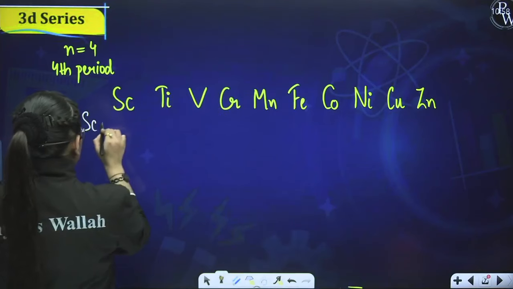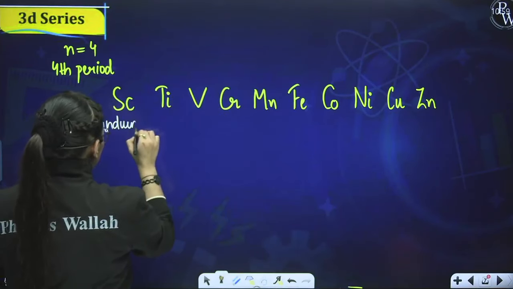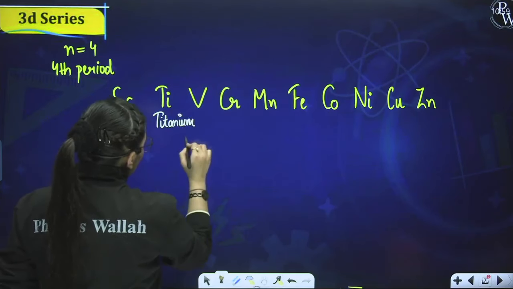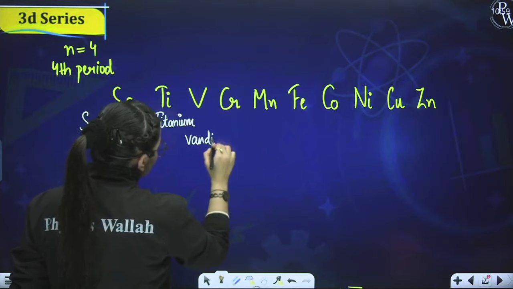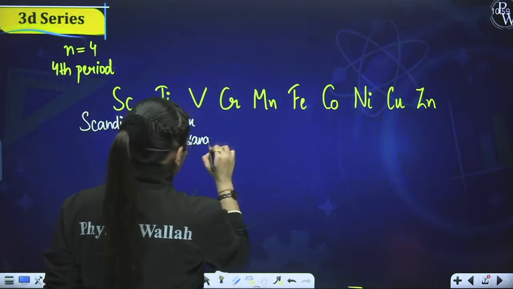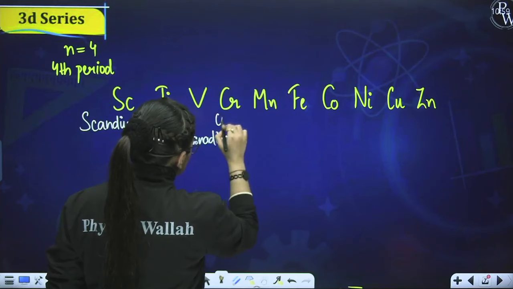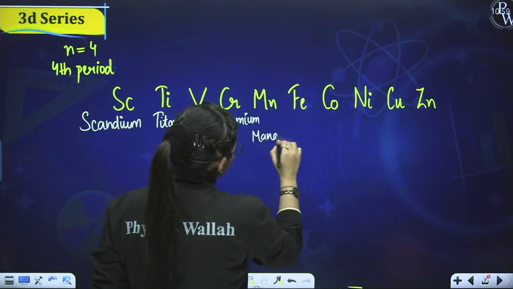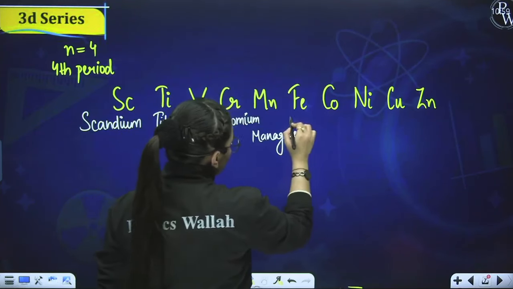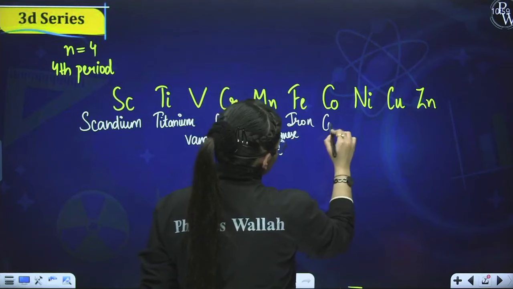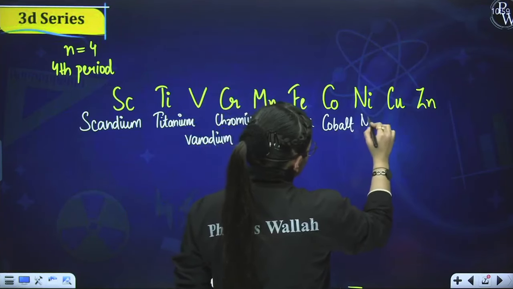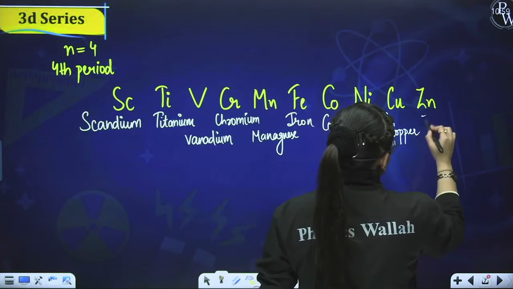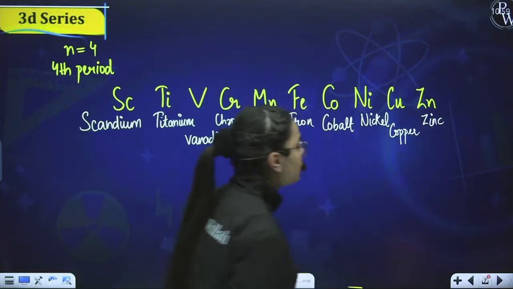It is scandium, titanium, vanadium, chromium, manganese, iron, cobalt, nickel, copper, and zinc. Is it clear to you?